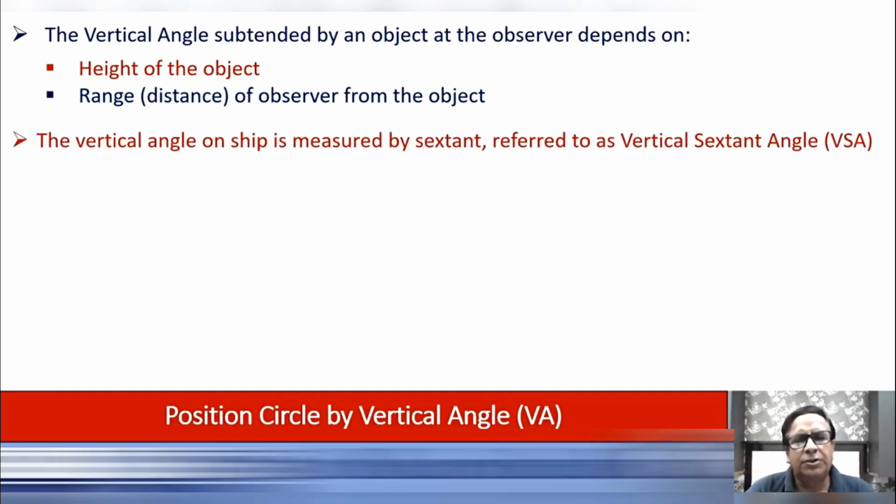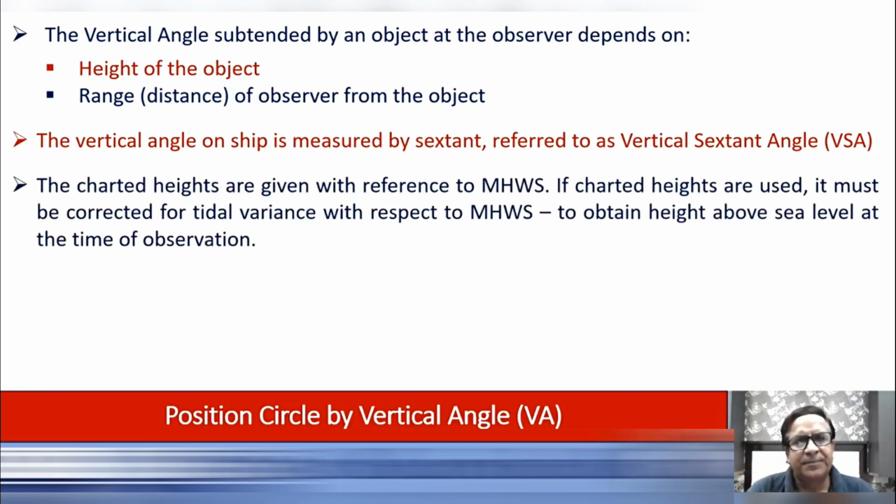The vertical angle on the ship is measured by sextant and hence referred to as vertical sextant angle. The charted heights are given with reference to mean high water spring. If charted heights of the objects are used, they must be corrected for the tidal variance with respect to mean high water spring to obtain their height above sea level at the time of observation.